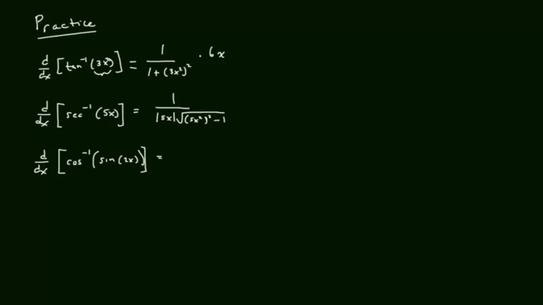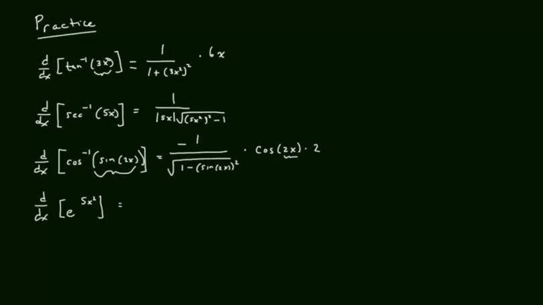So the derivative of inverse cosine of stuff is negative 1 over the square root of 1 minus stuff squared, stuff being sine 2x, times the derivative of the stuff, which is cosine 2x times the derivative of mini stuff, 2.